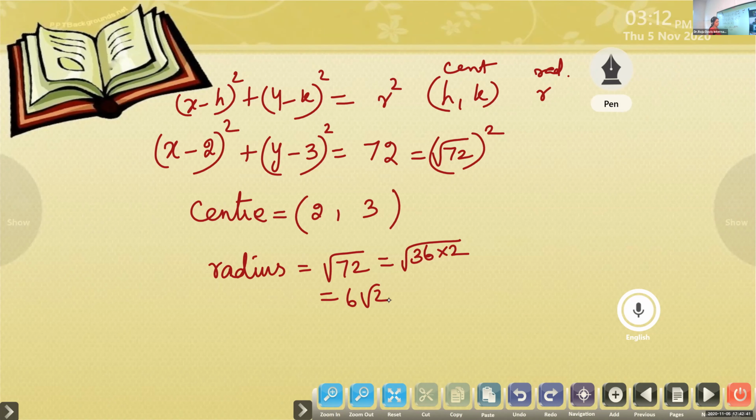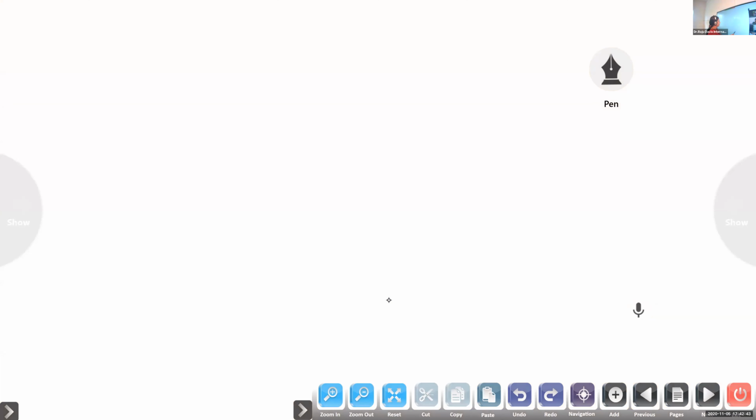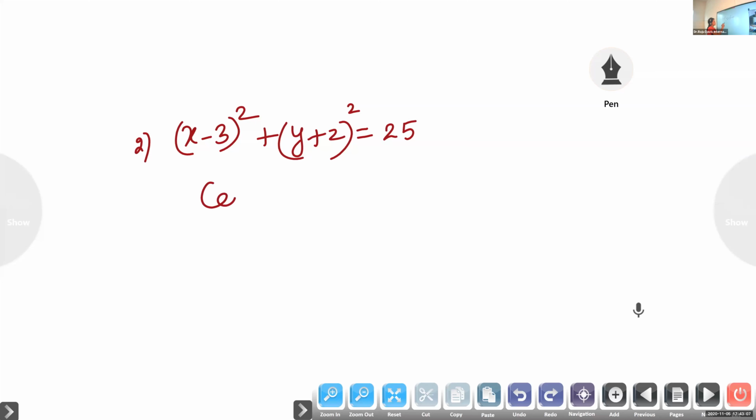The next one. x minus 3 the whole square plus y plus 2 the whole square is equal to 25. Give the center and give the radius.